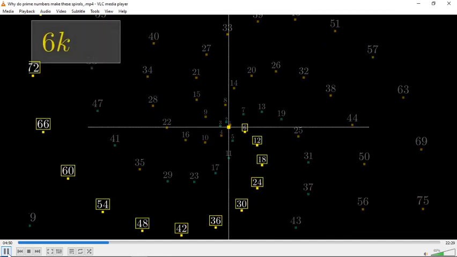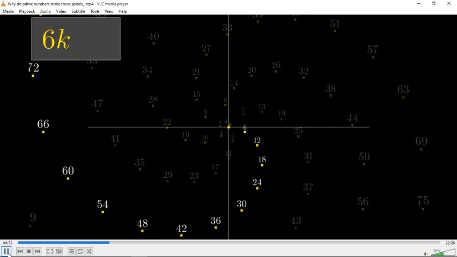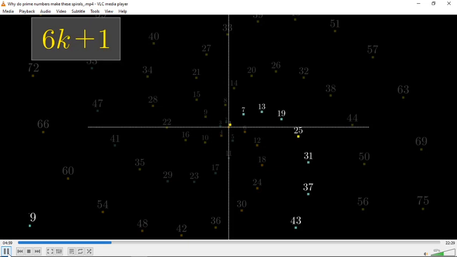Notice how all the multiples of 6 form one arm of this spiral. Then the next one is every integer that's 1 above a multiple of 6. And then after that, it includes all the numbers 2 above a multiple of 6, and so on. Why is that?